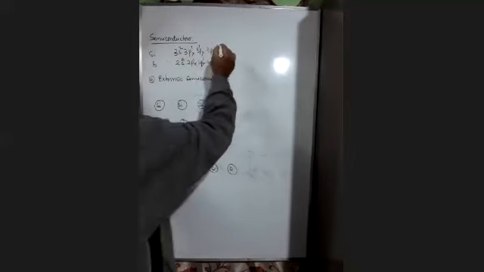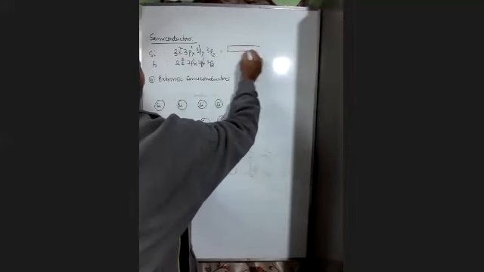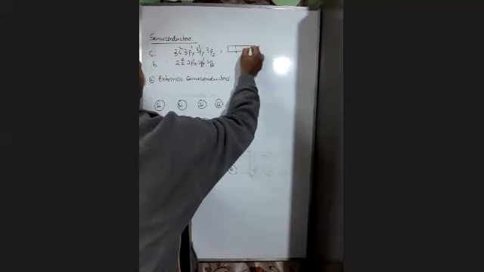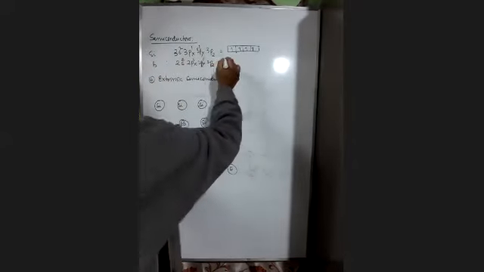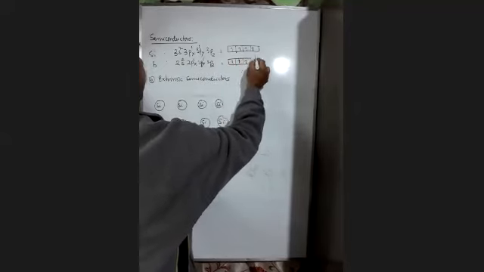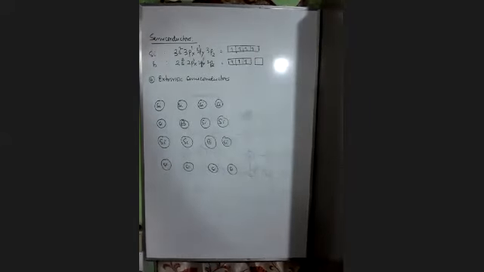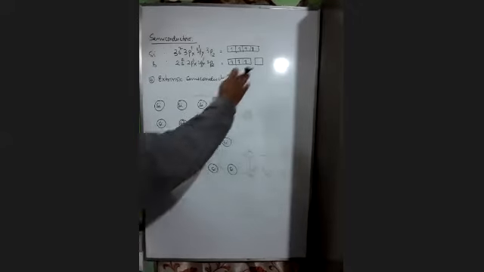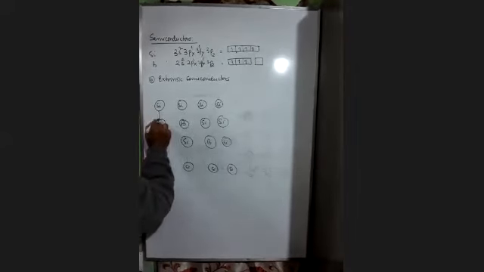When it hybridizes, what do you get? This is sp3. And you have one empty orbital which does not have an electron. See, this is the empty orbital. So I'll write it like this.